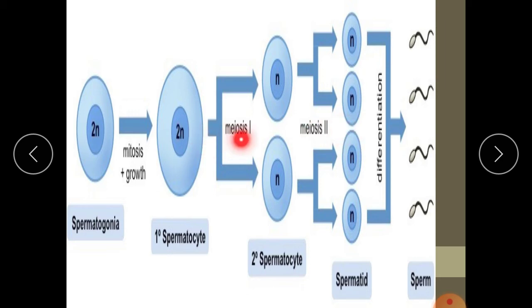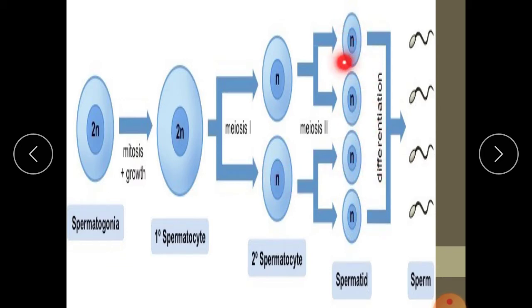At the end of the first meiosis, two haploid cells are formed. So the first meiosis is a reductional division: 2n becomes n, haploid. At the end of the first meiotic division, 2 secondary spermatocytes are produced. Again, these cells undergo second meiosis to produce 4 haploid cells, the spermatids.